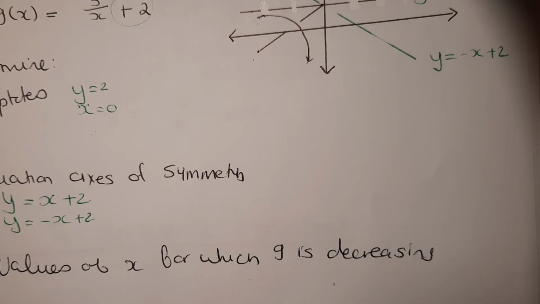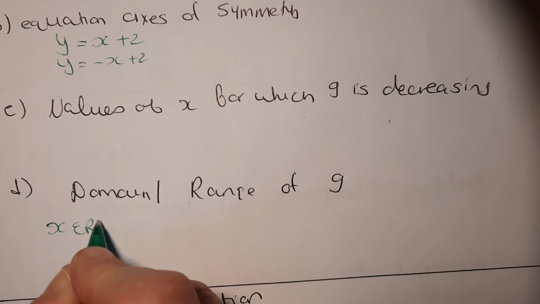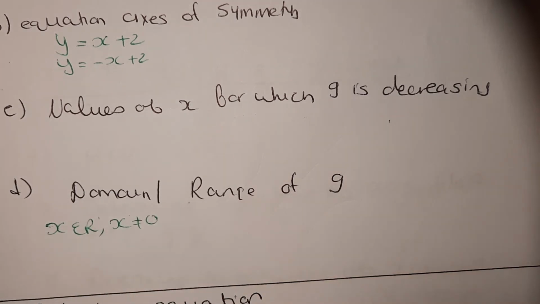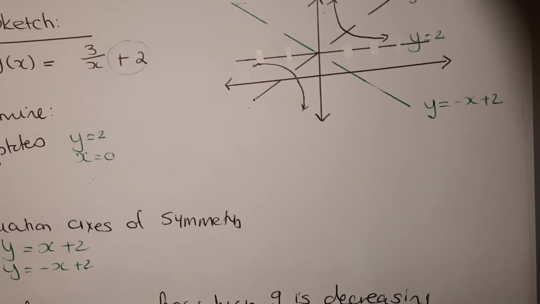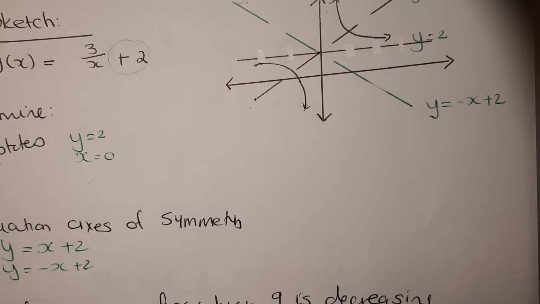What is the domain and the range? My domain will be x is an element of real numbers, but it's not going to touch 0. And my range is going to be all the y values except for y is equal to 2.